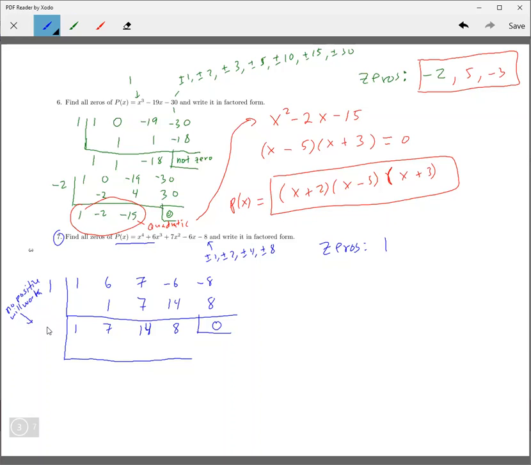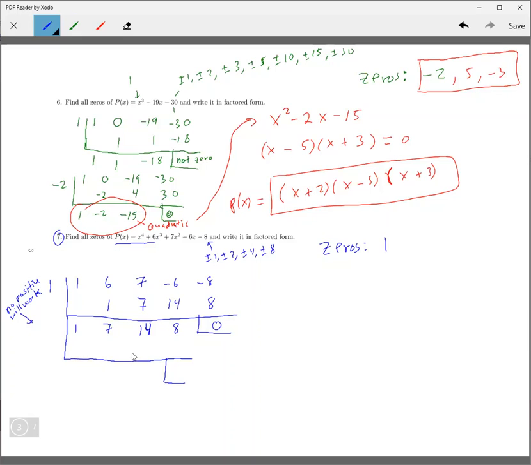The reason is that if you have a positive number here, then you pull this one down, you multiply by that positive number, that's positive. Put it there, that'll be positive. Add those, that's positive. This will be positive. And 8 plus a positive number, there's no way that that's going to be 0. So we can ignore all the positive numbers.